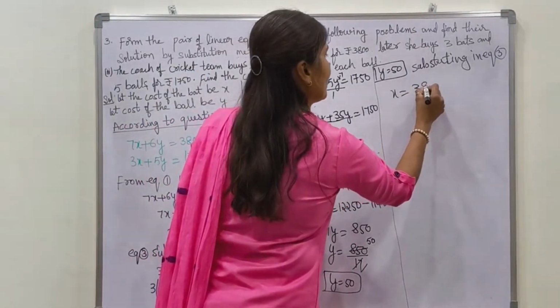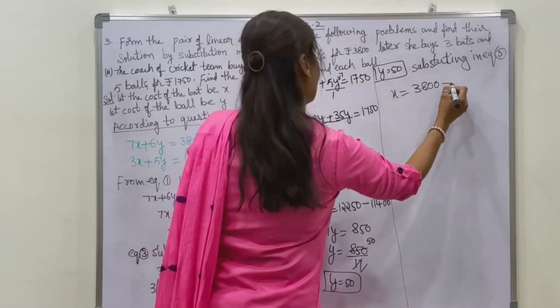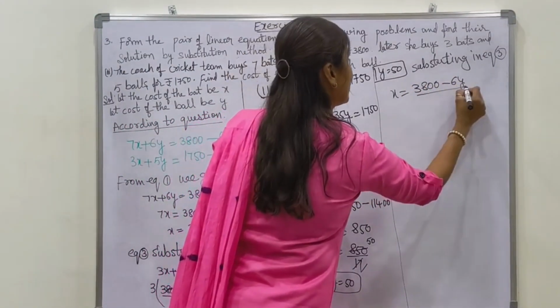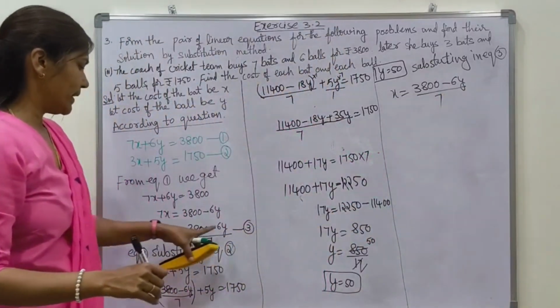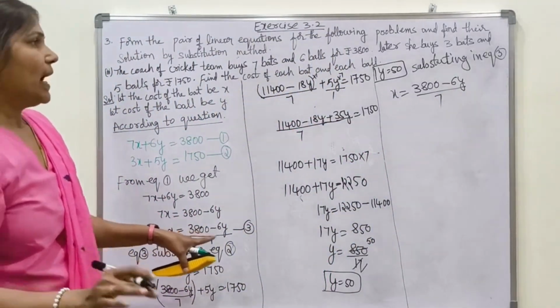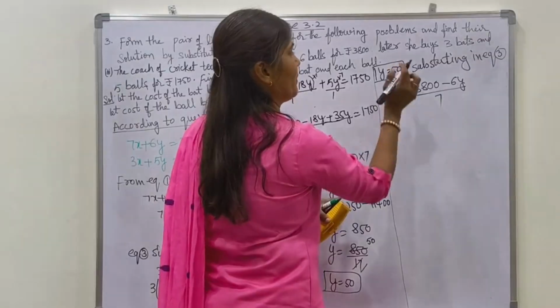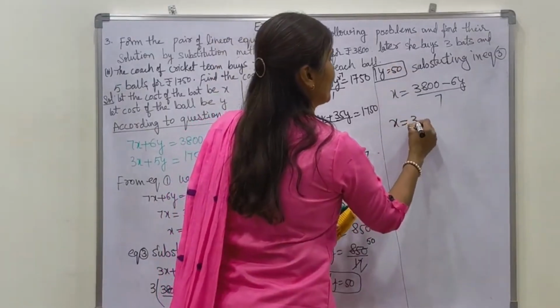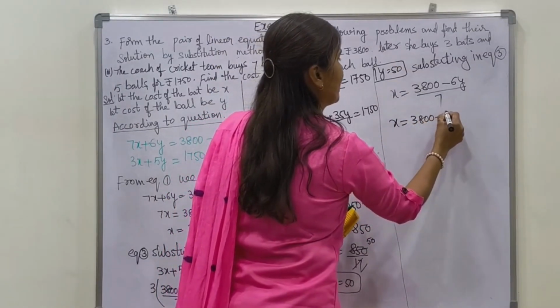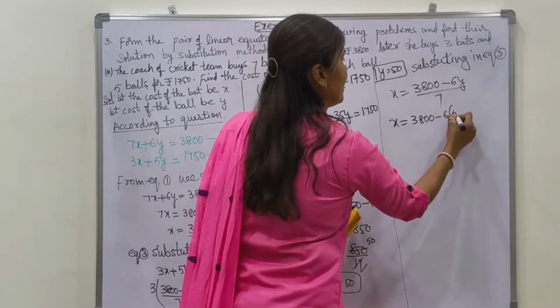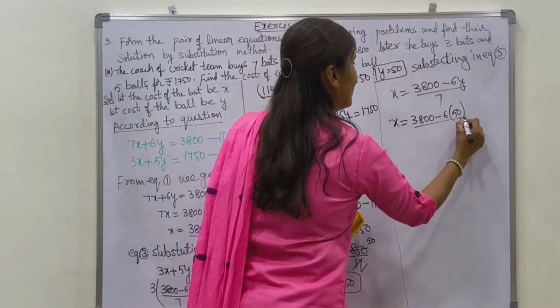3,800 minus 6y divided by 7. Now see here, 3,800 minus 6y divided by 7. Here the y value, how much will we substitute? 50. See here, x is equal to 3,800 minus 6 into the y value 50, divided by 7.